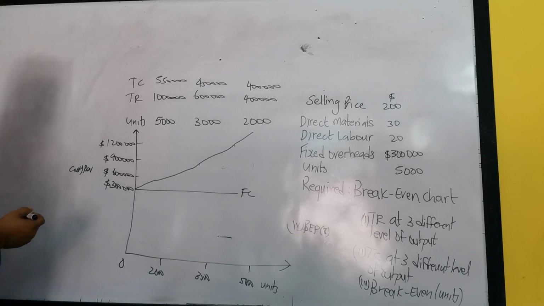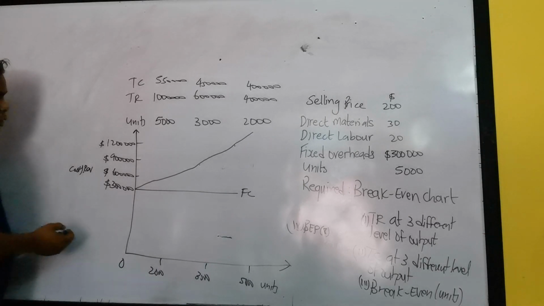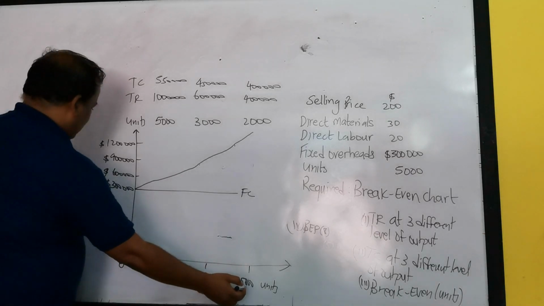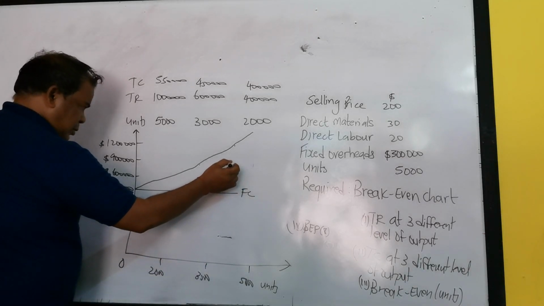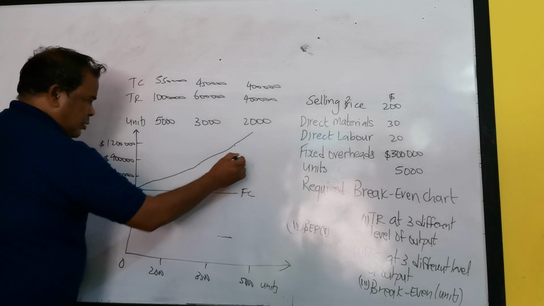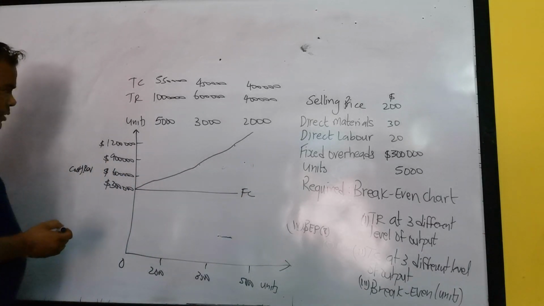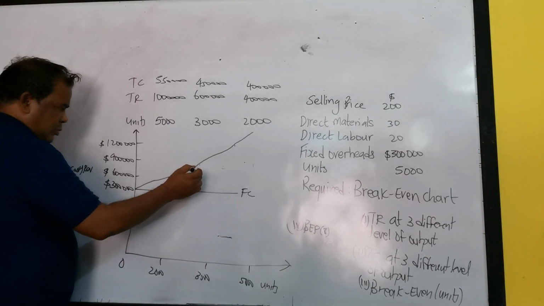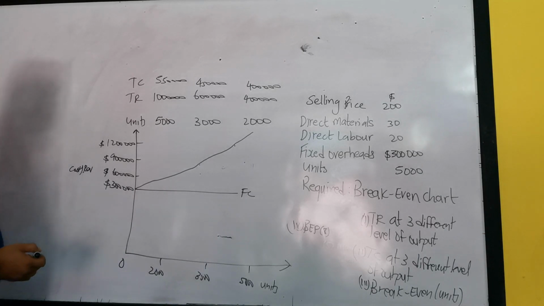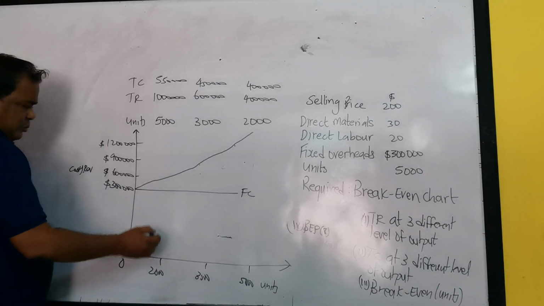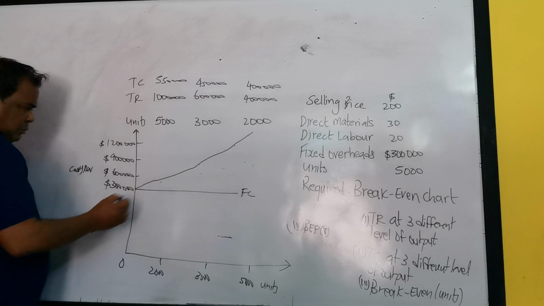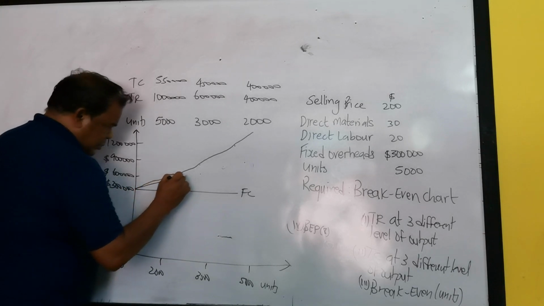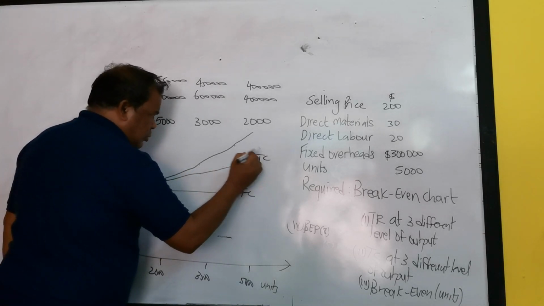Total cost: when output is 5000, total cost 5550, approximately somewhere here, and then 3450 somewhere here, and then 2400. So this is the total cost.